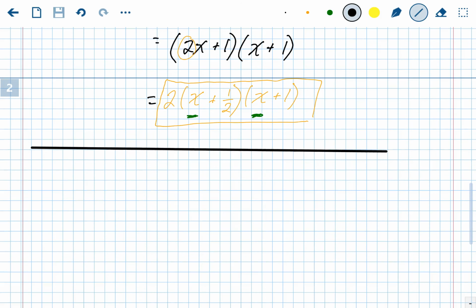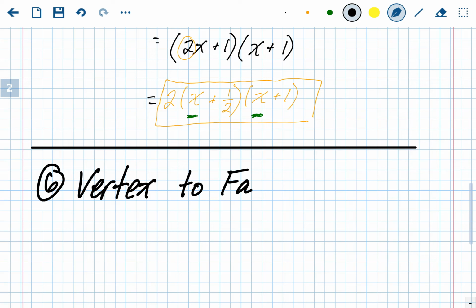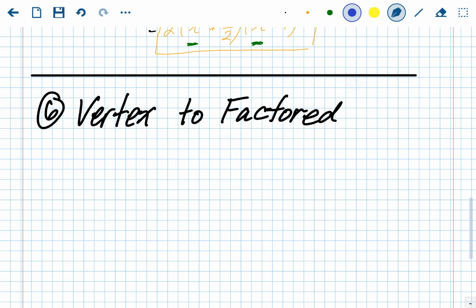All right, the final version is we're going to have to go from vertex form to factored form. This is the longest one. I'm not going to give you many of them. If you want to go from vertex form to factored form, you have to take a detour.